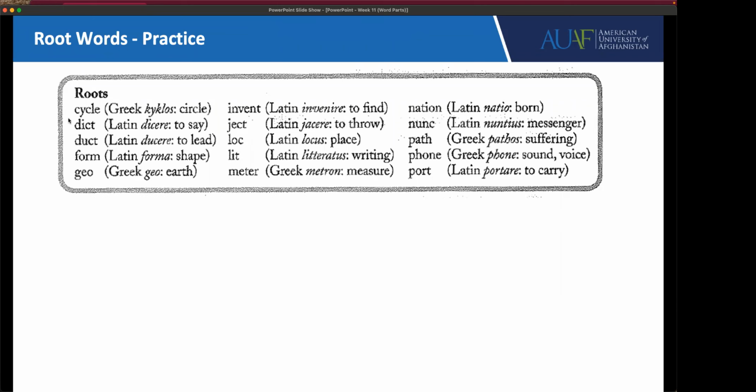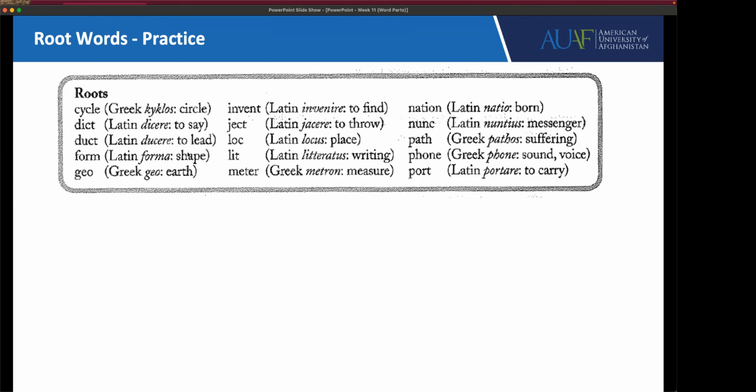Okay, roots. So we have, for example, cycle, like bicycle, but it's Greek for circle. And we have dict, Latin for to say, so dictate, dictation, right? Then we have duct, which is Latin for to lead, conduct. So you have to kind of memorize these, what they mean. Like form is a shape.